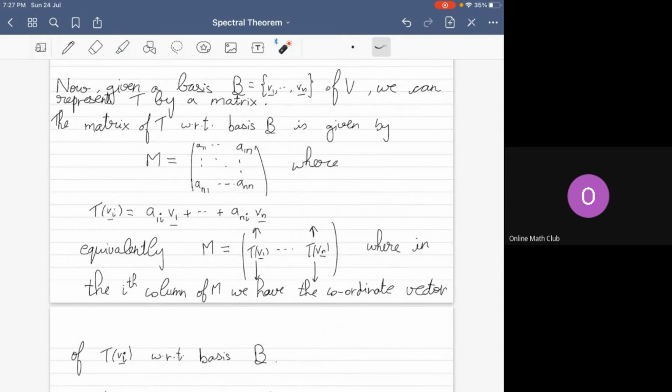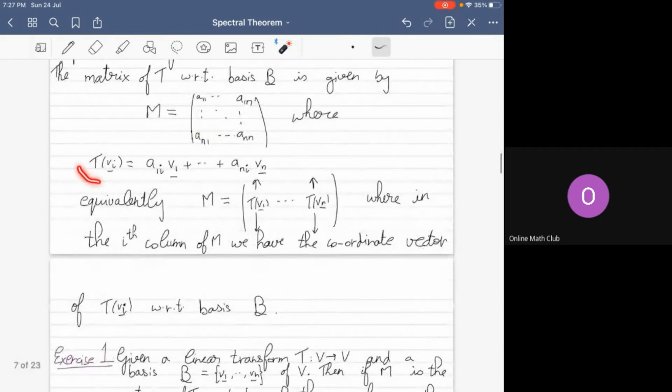So we say the matrix of a linear transform T with respect to a basis B is defined as this array of numbers where these aij's satisfy these.